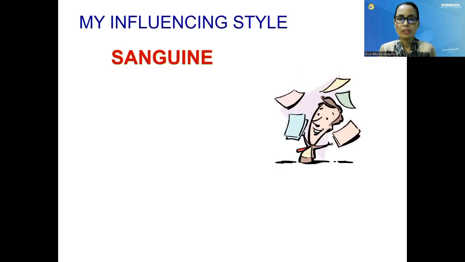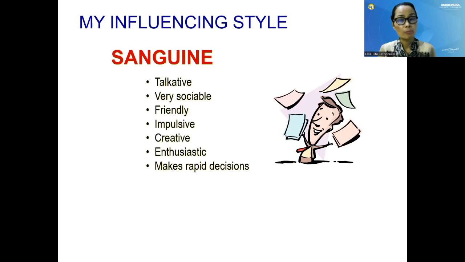If your dominant color is sanguine, which means red, your influencing style is here. Tends to be talkative, very sociable, very friendly, very impulsive, creative, enthusiastic, and they make rapid decisions. Impulsive, mabilis mag-decision. Okay.